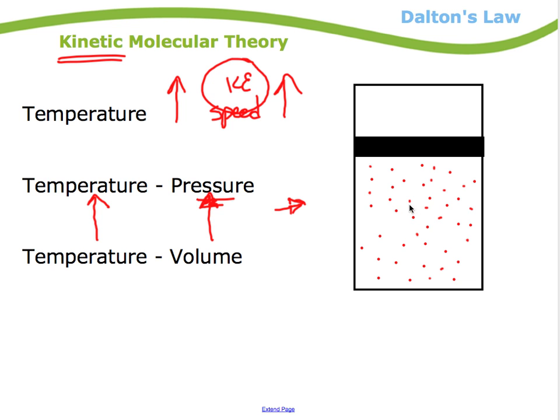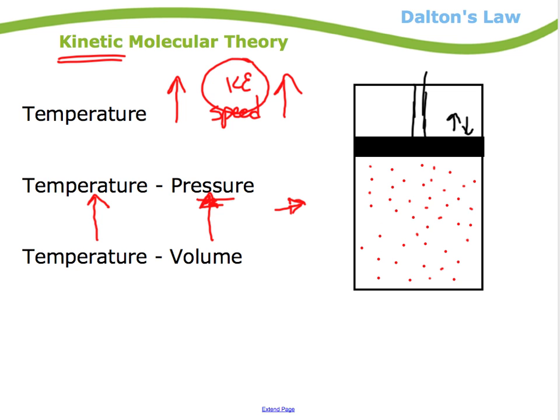Okay, I paused to clean up my diagram a little bit. Let's finally look at the relationship between temperature and volume. Say, for instance, that this black line here was a piston of some sort that could move up or move down.